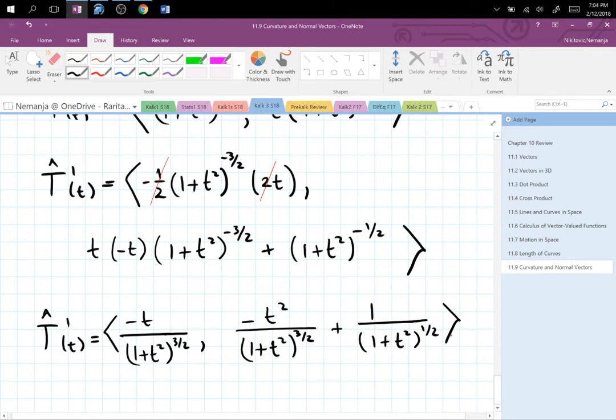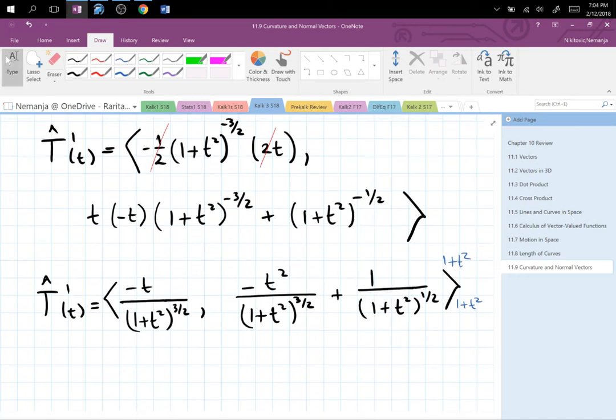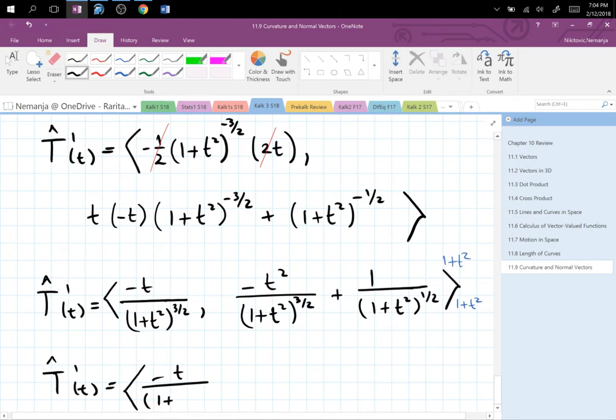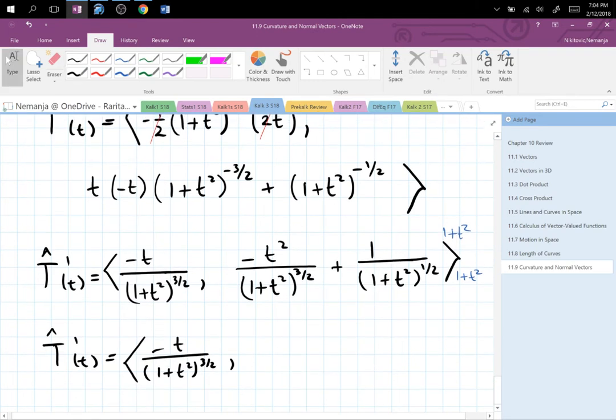To get the common denominator to add these, I need to multiply numerator and denominator by 1 plus t squared. When I multiply, I will get 3/2 in the denominator. So we have the first one, negative t over 1 plus t squared to the 3/2. On the second one, look what I have. I have 1 times 1 plus t squared, so t squared minus t squared, that's all gone. So the numerator is just 1, and the denominator is 1 plus t squared to the 3/2.